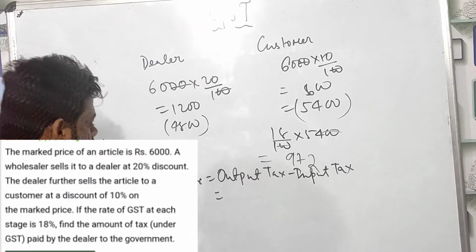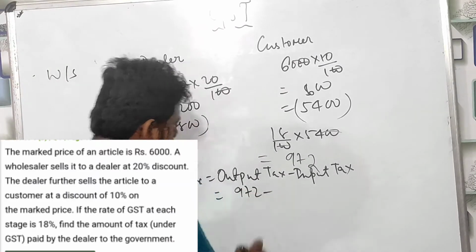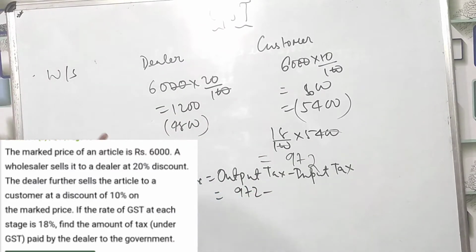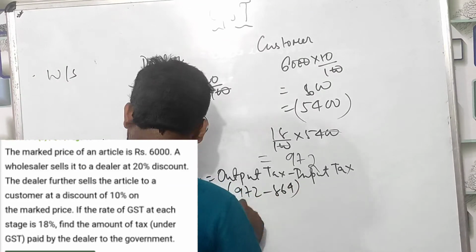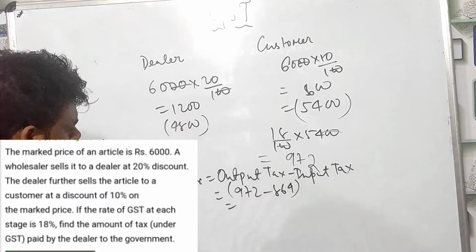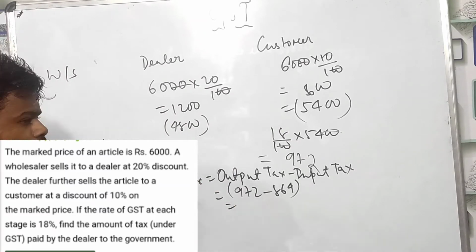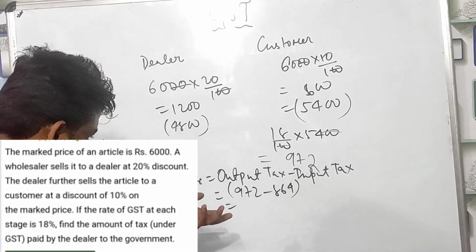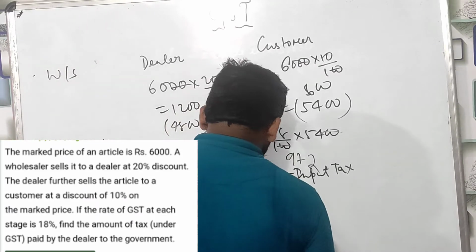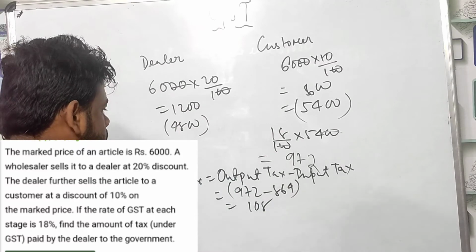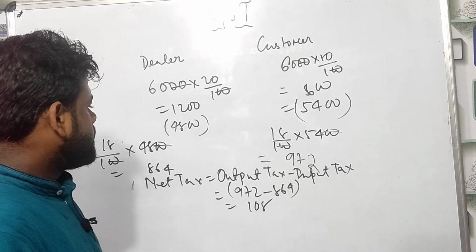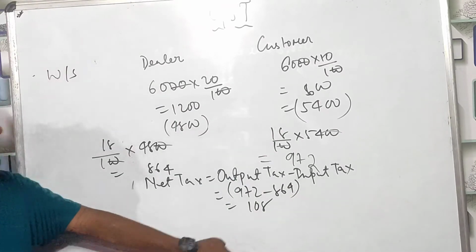So 972 minus 864, that is 108 rupees. Is it clear?